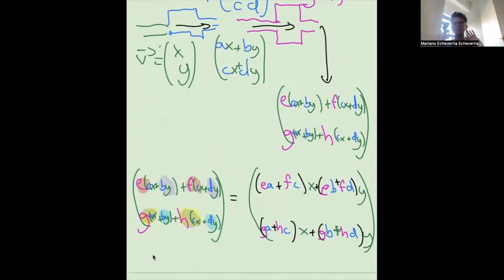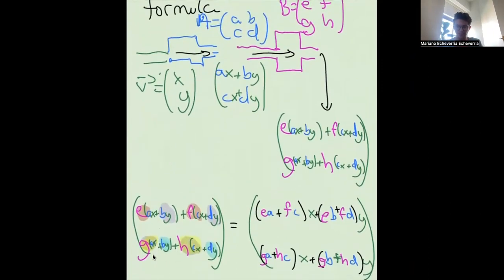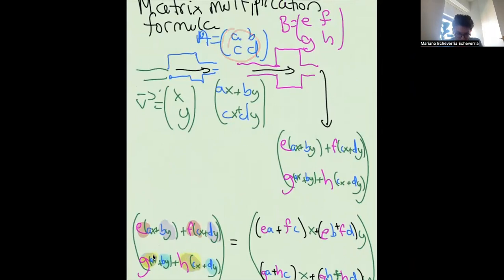So just to summarize, because this is a huge mess of formulas, you can take my word for it. If you start with vector V, run it through A, you get this. And then run it through B, you get this mess, which is kind of confusing.